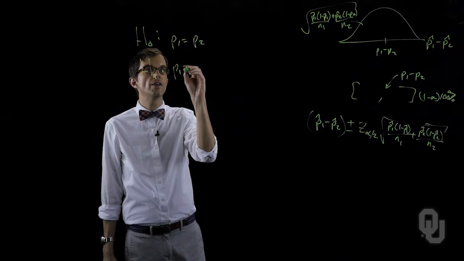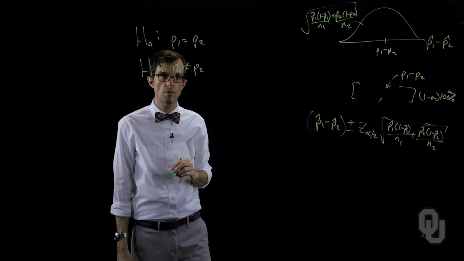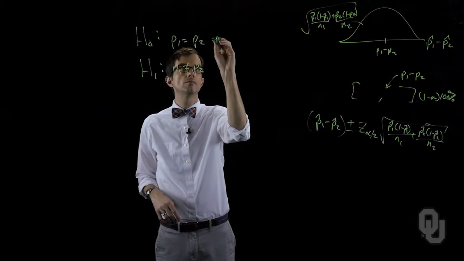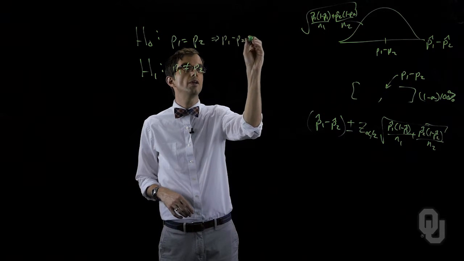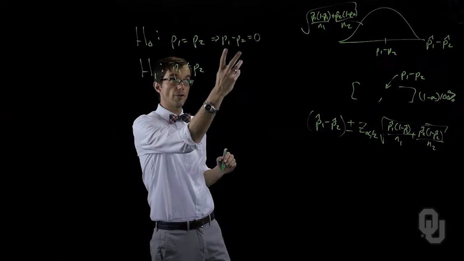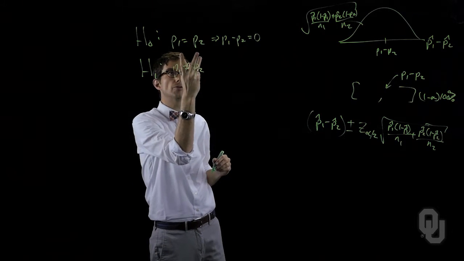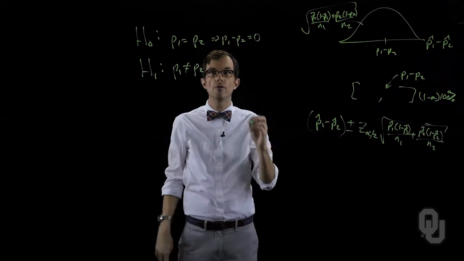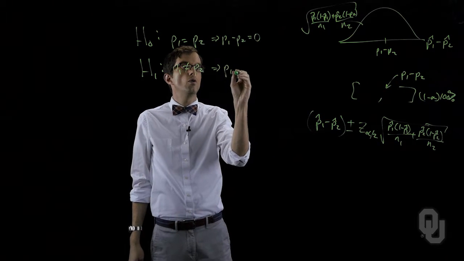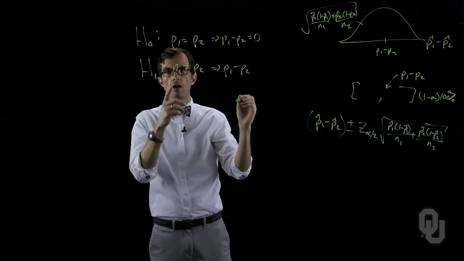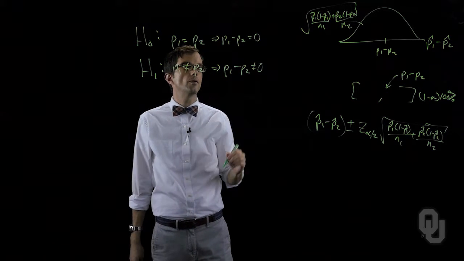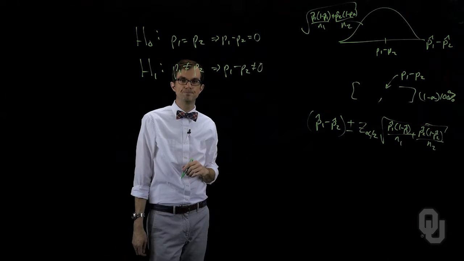Alternatively, are they not equal to each other? Okay? We could rewrite this statement as P1 minus P2 equals 0. That difference is 0. If those things are equal to each other, then their difference would be 0, naturally. Or we could write this alternative as P1 minus P2 not equal to 0.